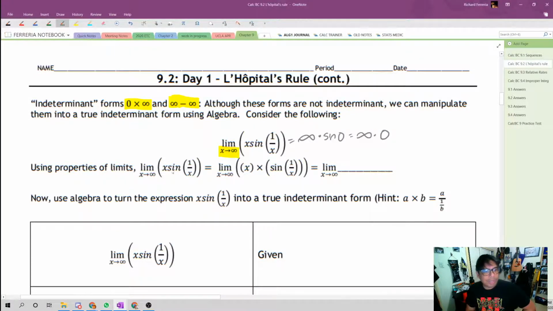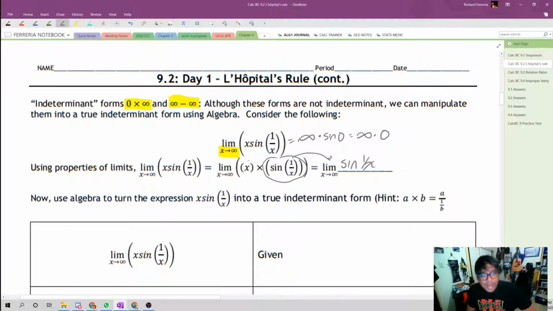We're going to use properties, not even just properties of limits, we're just going to use properties to turn this into something which is indeterminate. So here's what we're going to do. We're going to take this sine of 1 over x, and we're going to put it on our numerator.